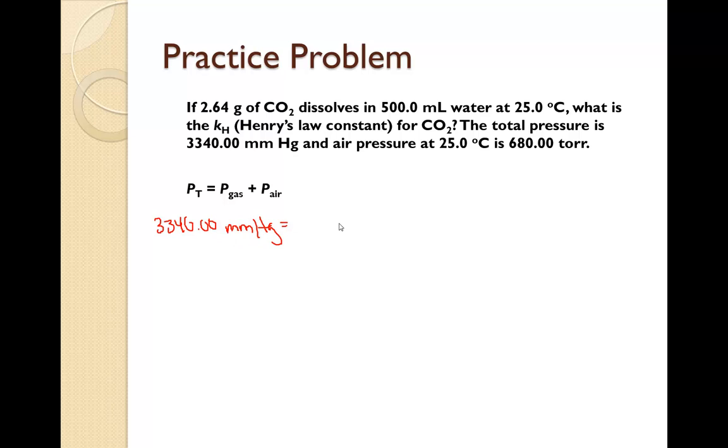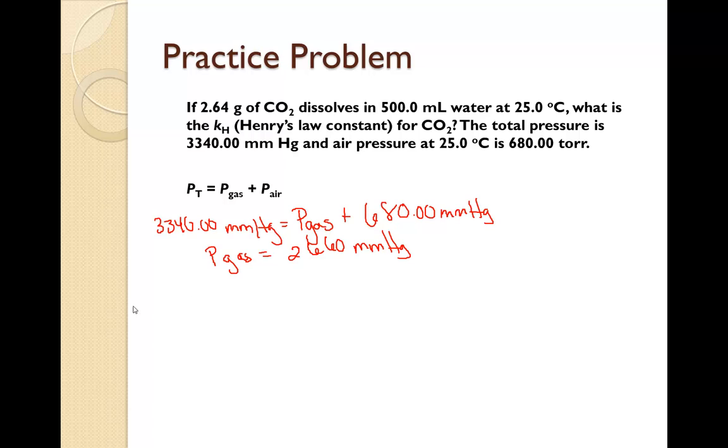We're looking for the pressure of the gas, and we have the air pressure in millimeters of mercury. So we subtract that out, and that comes out to be 2,660 millimeters of mercury.